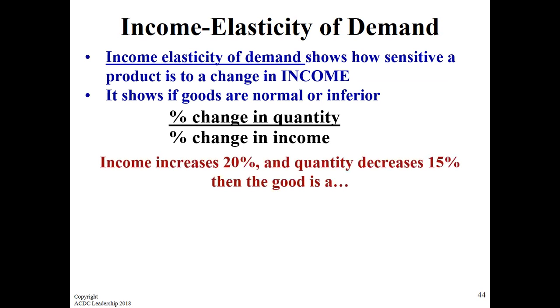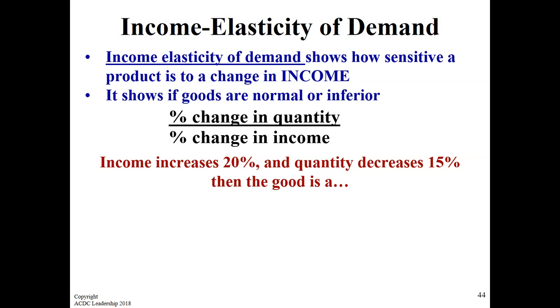So income increases 20. That's on the bottom. Quantity decreases, so that's -15. So that's -0.75. If it's negative, it's going to be an inferior good. Right? Because why?